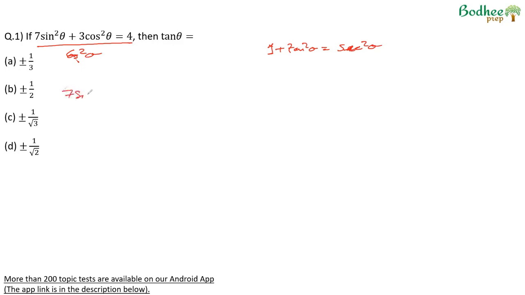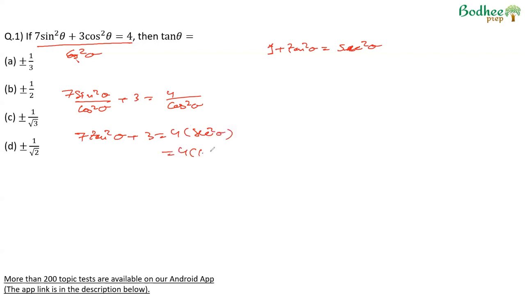Therefore, 7 sine square theta upon cos square theta plus 3 is equal to 4 by cos square theta. This becomes 7 tan square theta plus 3 is equal to 4 into sec square theta. Sec square theta is nothing but 1 plus tan square theta, so 4 into 1 plus tan square theta.